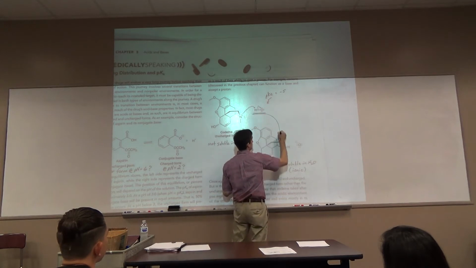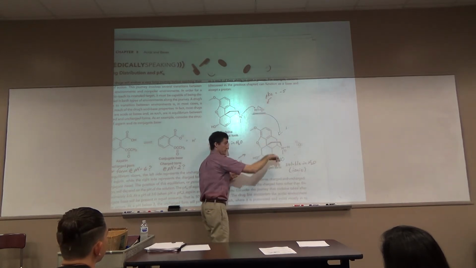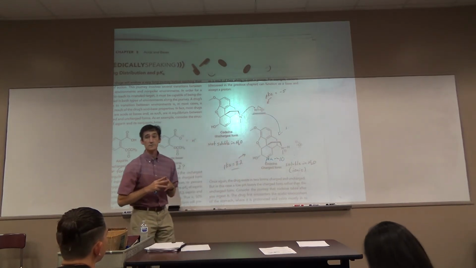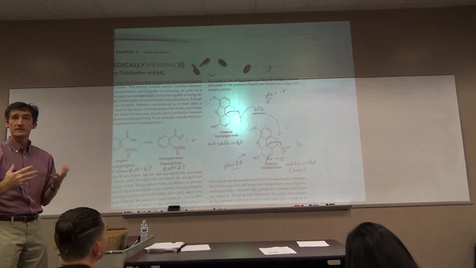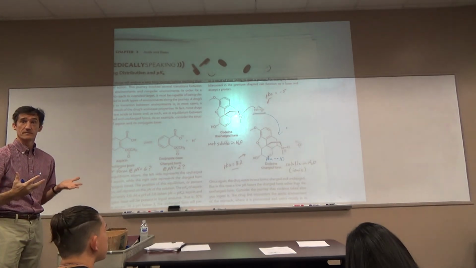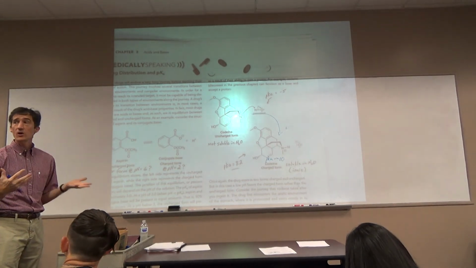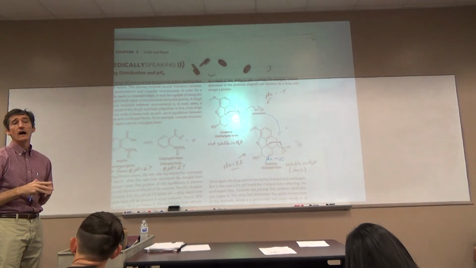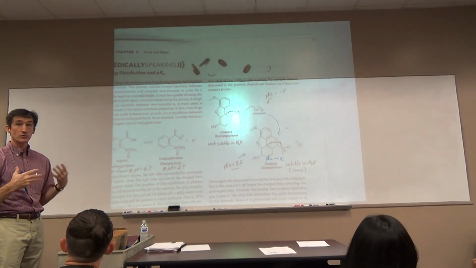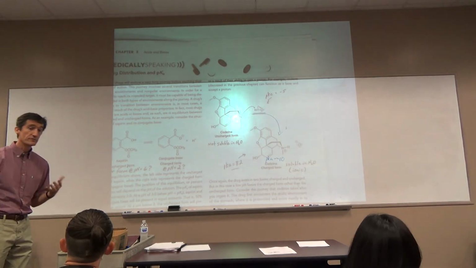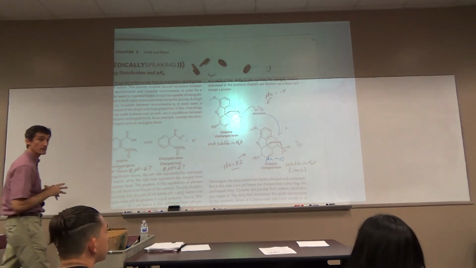So yes, this is favored. By how much? 10 to the 15. That's what? 100 gazillion. This is strongly favored. Now, hopefully you would intuitively know that because we're reacting it with a strong acid. It's going to just move towards the products.